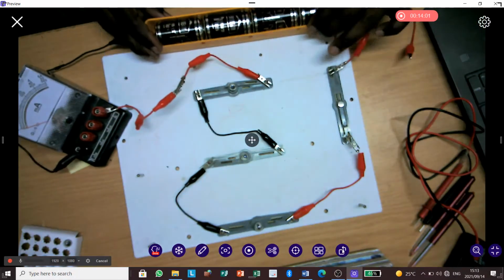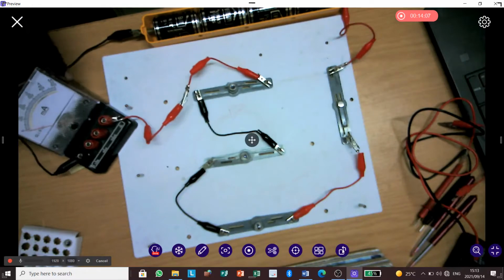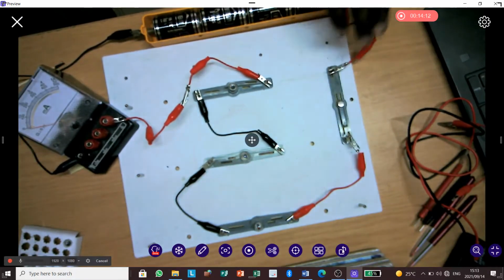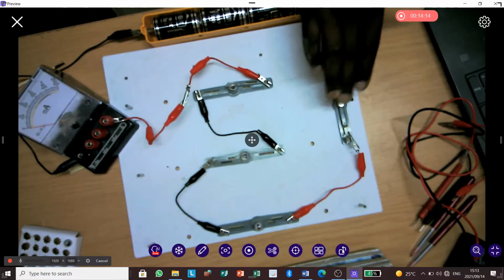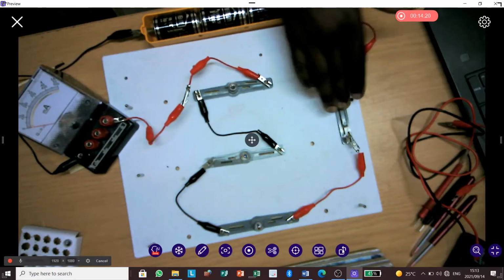Right here, over there. Here we go. So we have got only one pathway. What do we see? If there is just one path and three lights are connected, what do we see? They are very dim. Why?